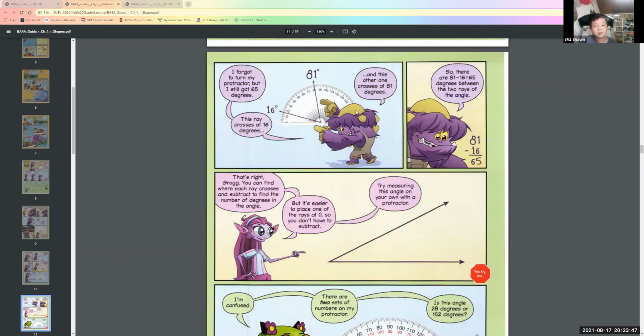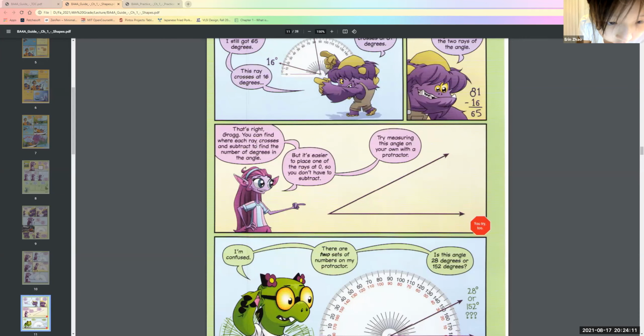I forgot to turn my protractor, but I still got 65 degrees. This ray crosses at 16 degrees, and the other one crosses at 81 degrees. So 81 minus 16 equals 65 degrees between the two rays of the angle.